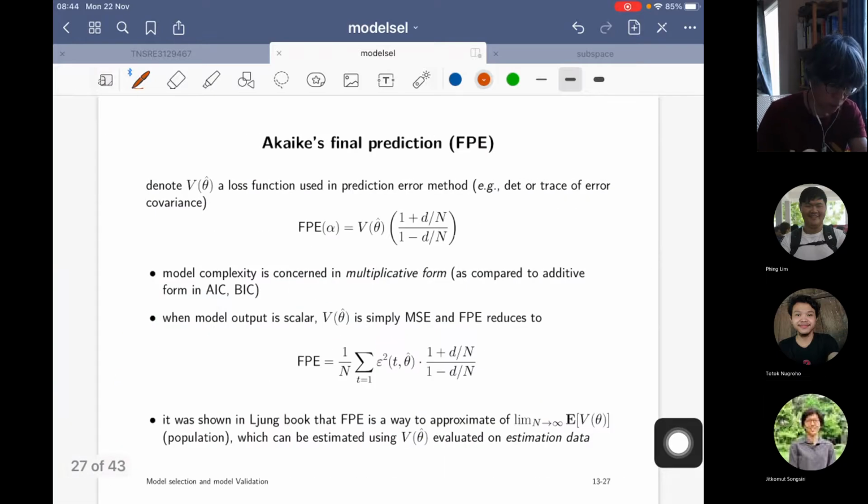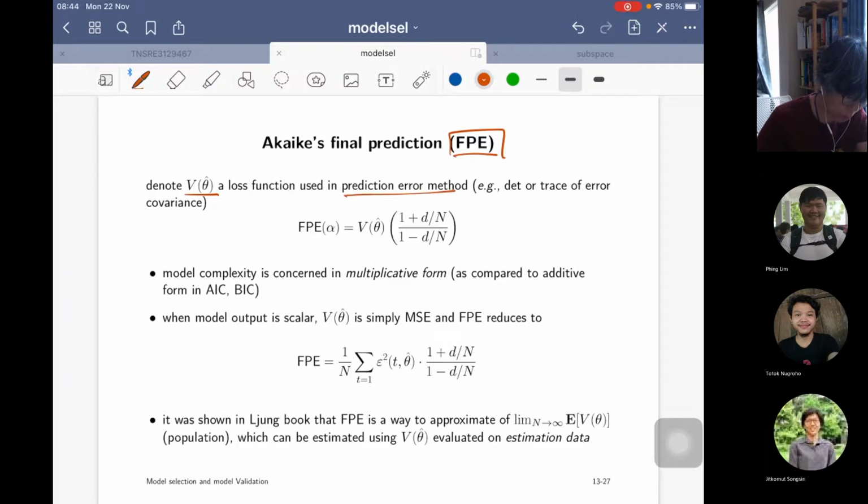Now next I would like to explain the final prediction error, or FPE. As we saw before, the term V is the loss function in the PEM method, and the lower this term, the better the quality of the model.